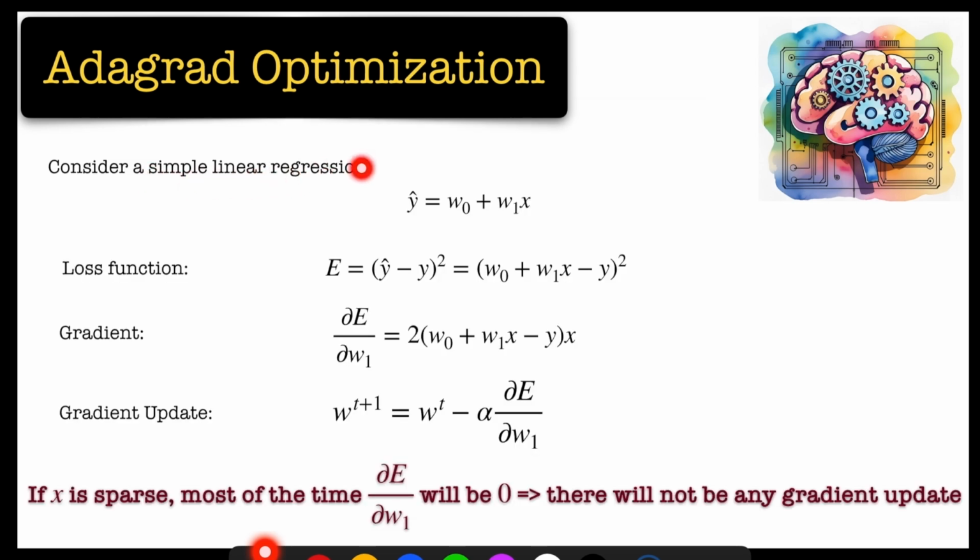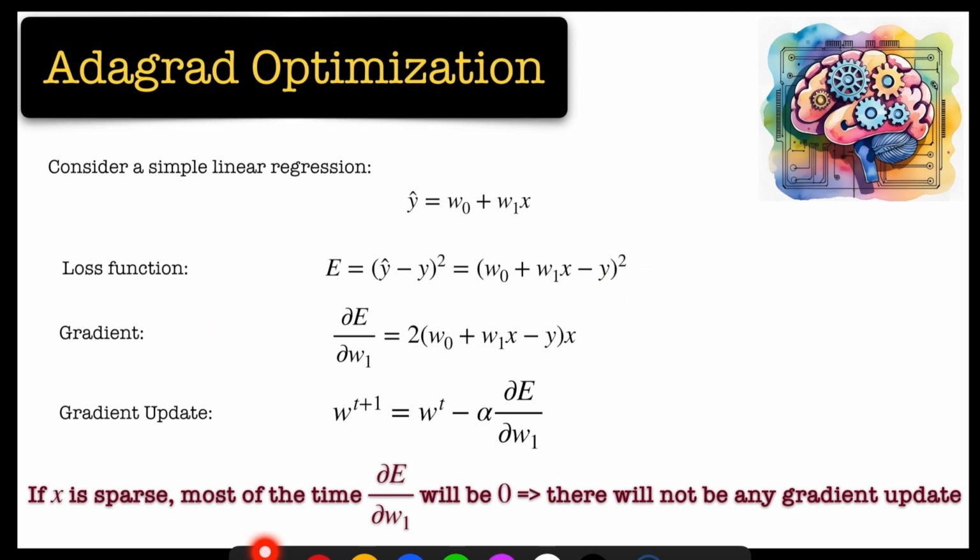Now consider a simple linear regression, y hat equals w0 plus w1 x. For the loss function we can use the squared error, (y hat minus y) whole squared, where y hat is the predicted output and y is the actual output. So we get (w0 plus w1 x minus y) squared.